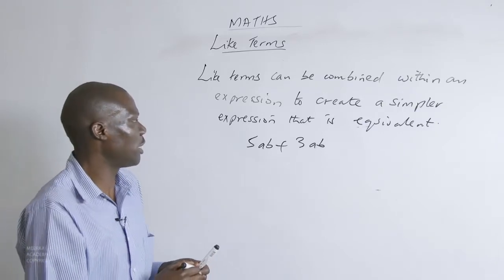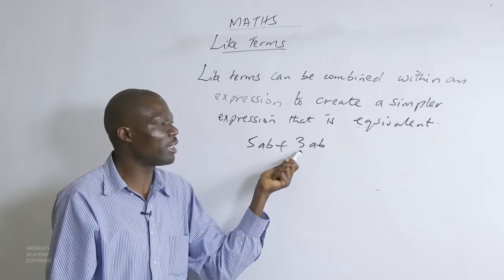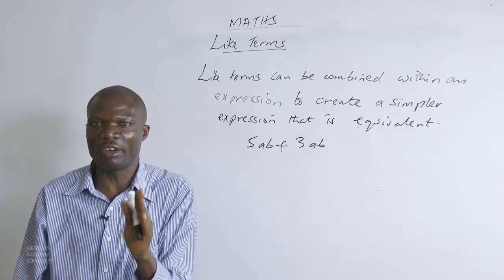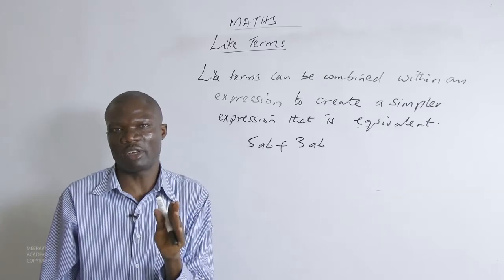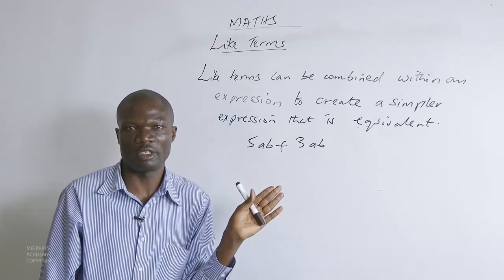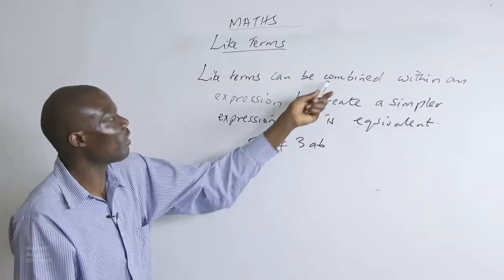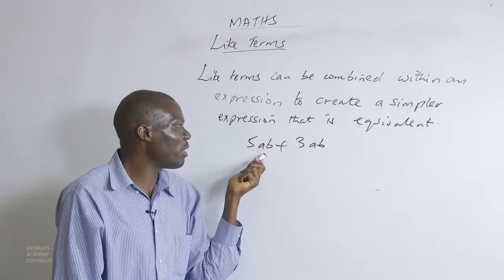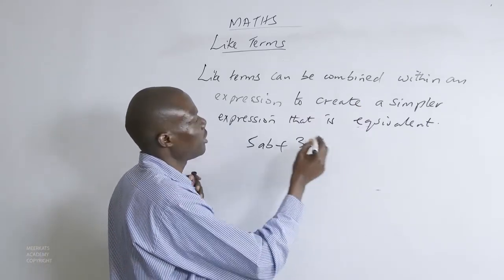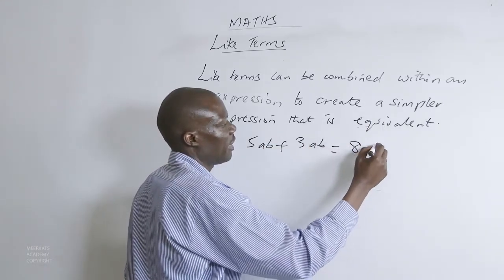Now, when you look at this, 5ab plus 3ab. First, we identify: are they alike or are they not like terms? We shall find that they are like terms. If they are like terms, then we can go ahead and combine them. 5ab plus 3ab can be combined within an expression to create another simple expression, which is 8ab.